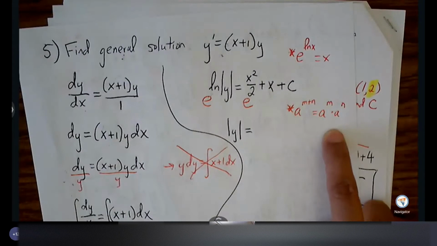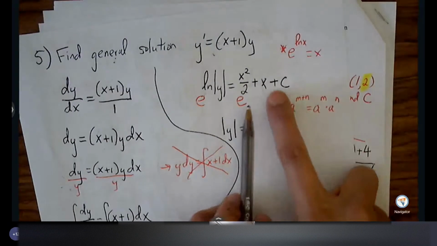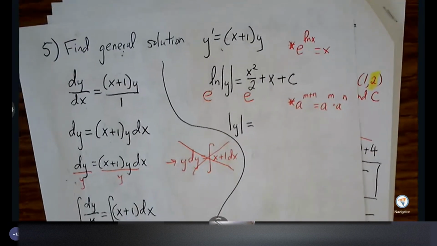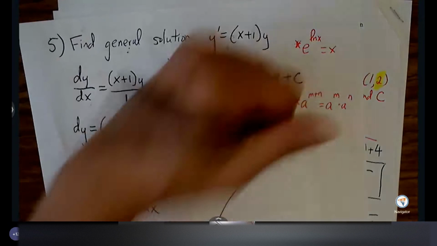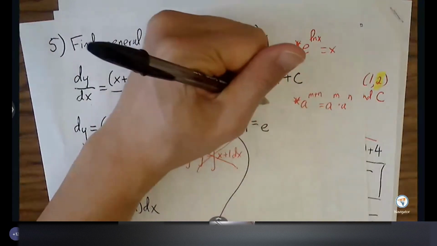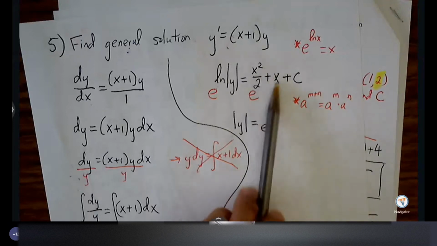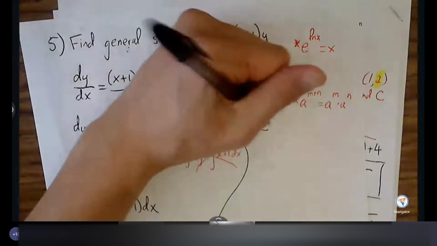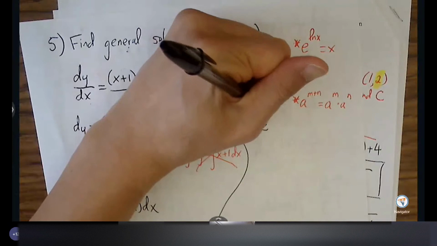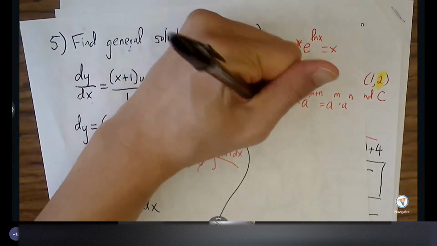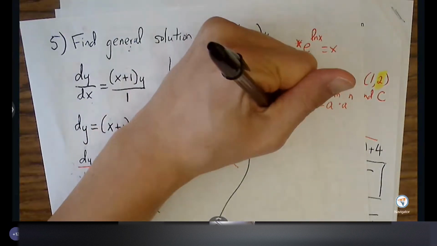So how can I use this to help me separate the c from the rest of the variables? You could do like e to the x squared over 2 times e to the x times e to, or okay, you're not wrong, but we can leave these two together. Yeah. Okay. I mean, you wouldn't be wrong if you did it your way. Just we can make it a little less complex.